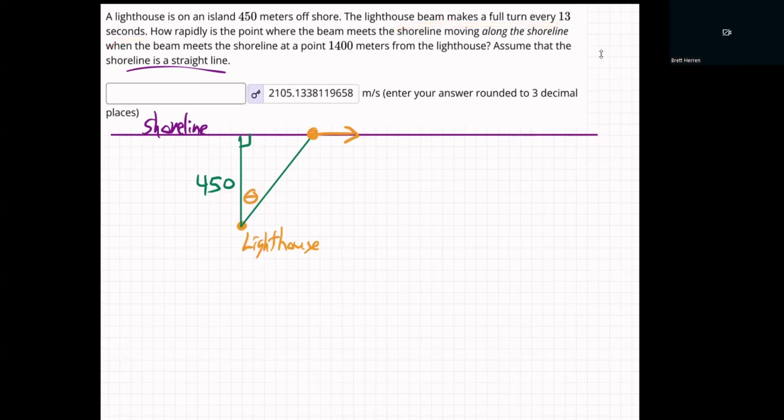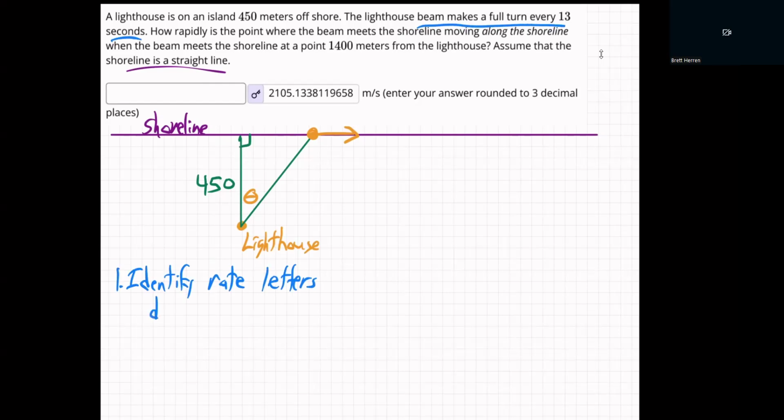So step one, you remember step one. It's always identify all the rate letters. Okay. So what are those? Well, the beam makes a full turn every 13 seconds.